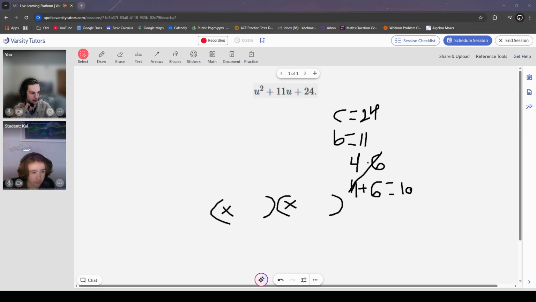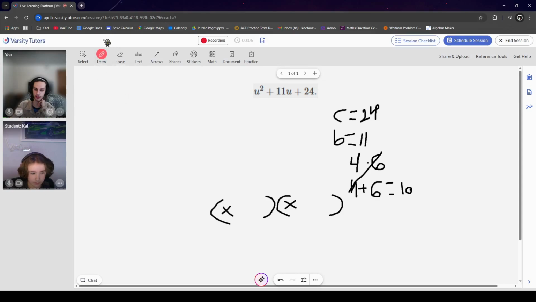I mean there's two, but that's probably not it. So you're saying 2 is a multiple? Yeah, we can do the number two. So it would be 2 and 12 is one of our options, but that's not going to work. You tried 4 and 6. That's not going to work.